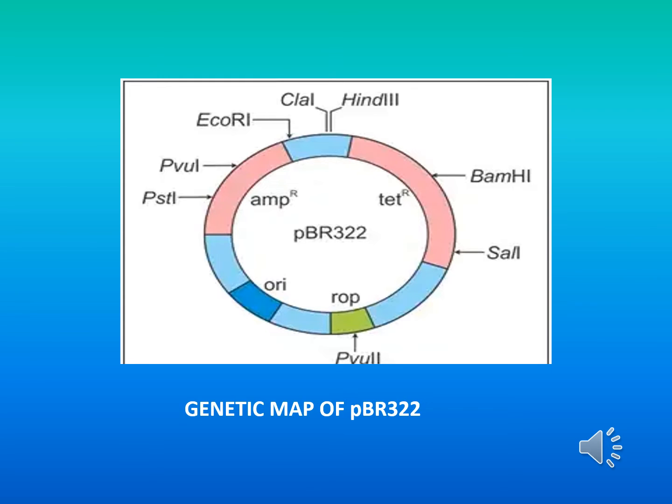The restriction sites present in both resistant genes are used for cloning. For example, the BamHI site in the tetracycline resistant gene and the PstI restriction site in the ampicillin resistant gene can be used for cloning.